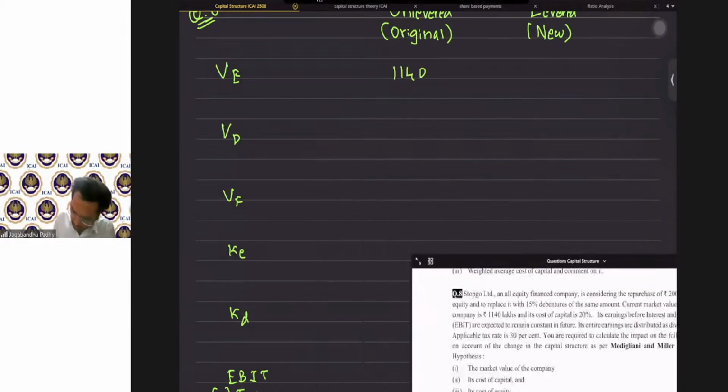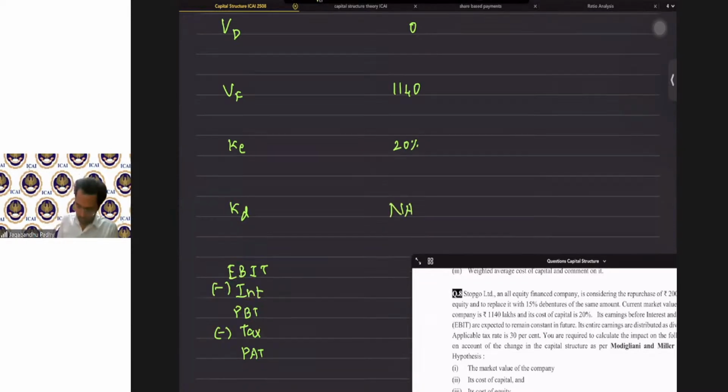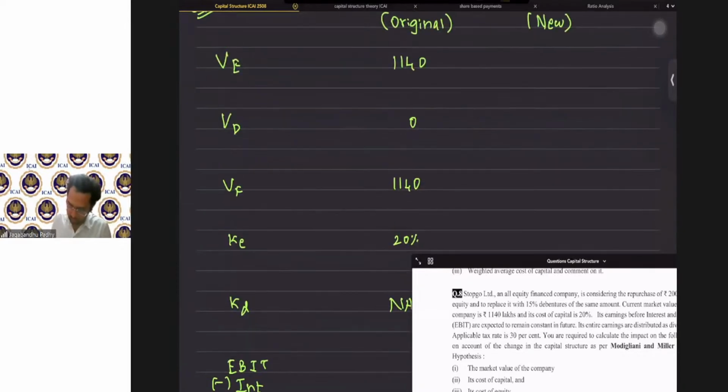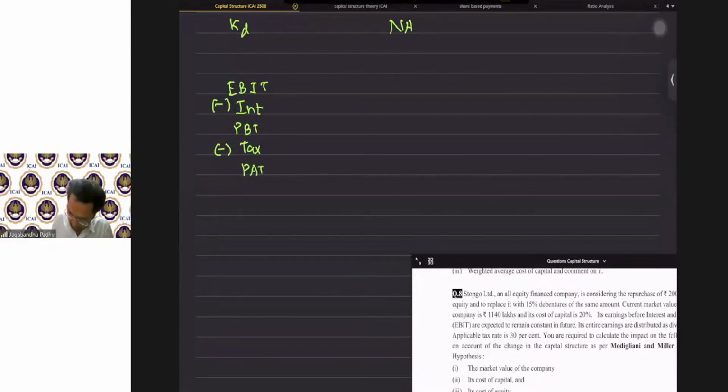And in the current scenario, we don't have any debt, so our value of the firm is 1140 itself. Cost of equity, the current cost of capital, was 20%. Cost of debt was not applicable. We can do the calculation as cost of equity, since it is 20% and value is 1140. We can get the PAT figure.